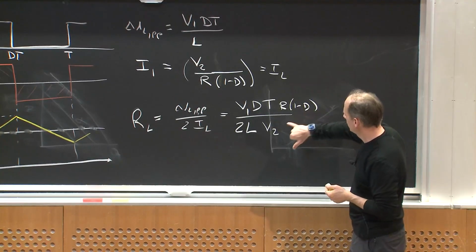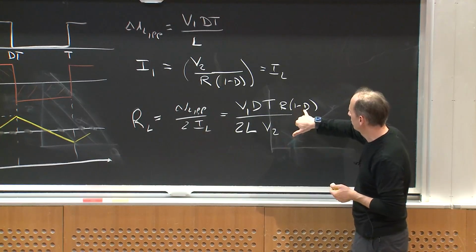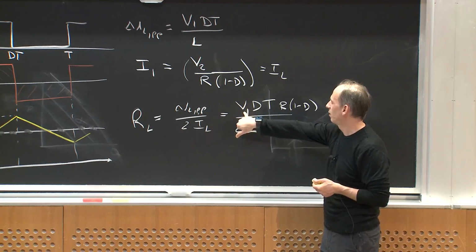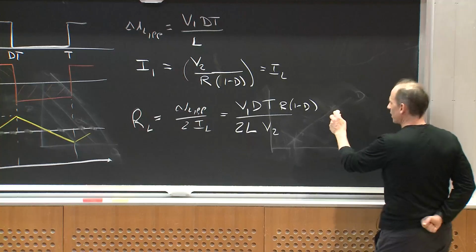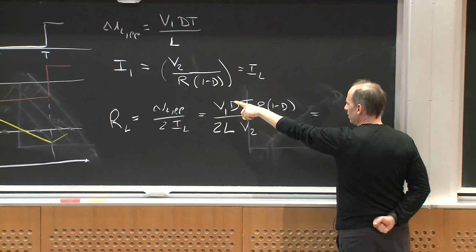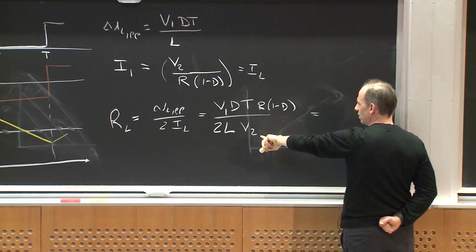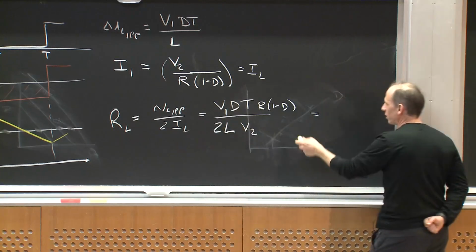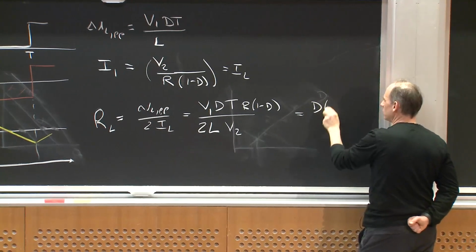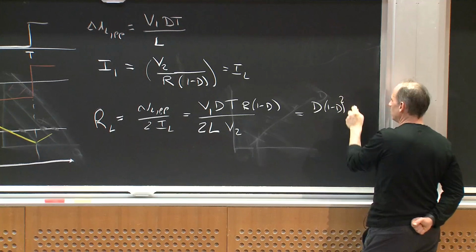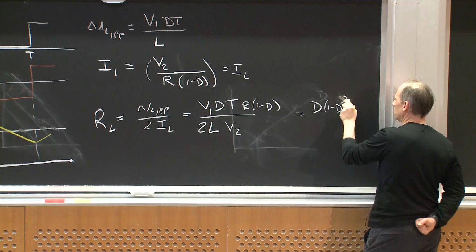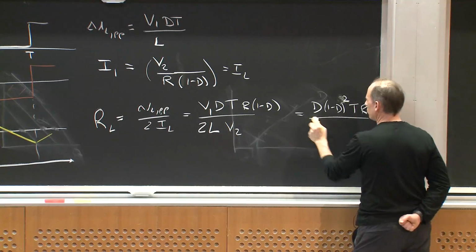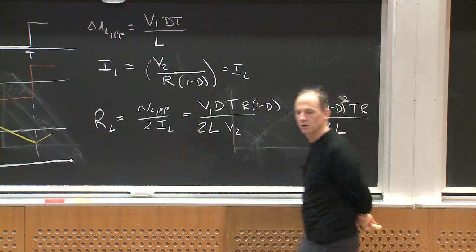Why? Because V2 is going to be V1 over 1 minus D, or V2 times 1 minus D is V1. So I could rewrite this as D times (1 minus D) quantity squared T R over 2L. Okay?